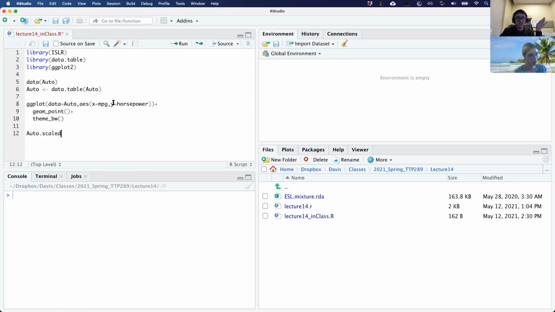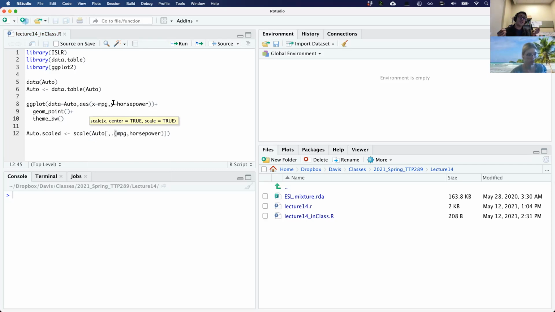If you look at the last lecture's code, there's this auto scaled thing, which is normalizing the values of the variables that I'm trying to cluster on. If you remember, it's going to be miles per gallon and horsepower, and miles per gallon is on the order of 10 to 50, whereas horsepower is on the order of several hundred.